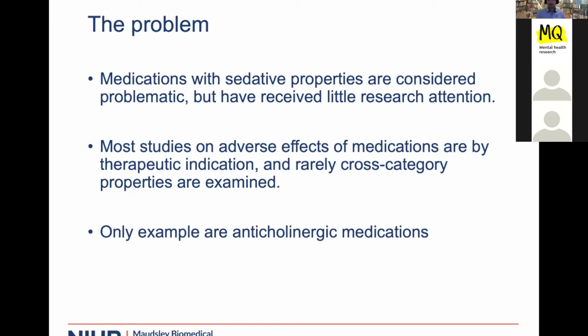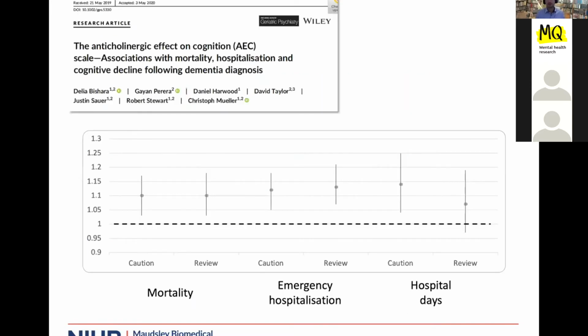One example that has been studied quite a lot in dementia is anticholinergic medications, where one line of work asks: if I review and reduce anticholinergic medications, can I reduce the dementia burden? The work we've been doing was more in people who were already on those medications in dementia.